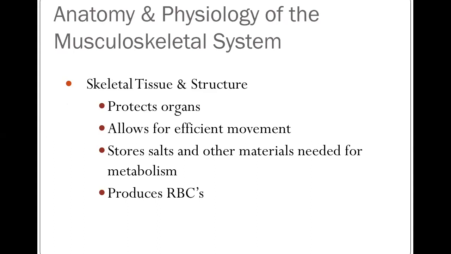As far as when we're taking a look at the anatomy and physiology of the musculoskeletal system, the purpose of why we have bones specifically is to protect some of our organs. Think about things that are highly covered in bone, like the brain, right?